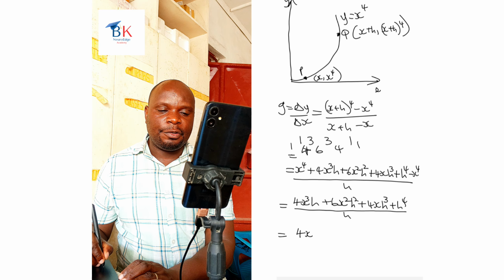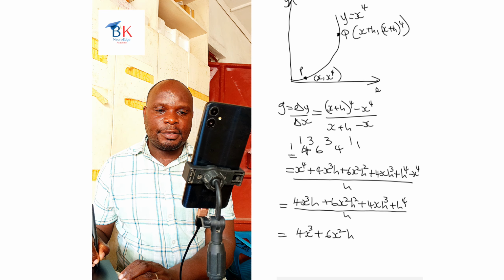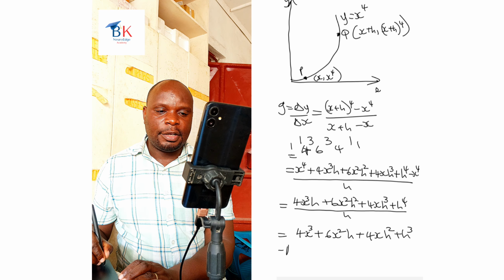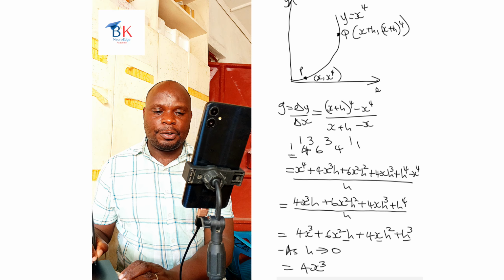When you divide by h, you get 4x cubed plus 6x squared h plus 4xh squared plus h cubed. But as h tends to 0, it becomes 4x power 3, because the rest will be 0.